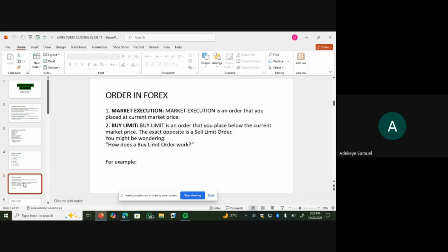Let's say you want to buy a particular pair of shoes on Jumia or AliExpress or any other site. We have different online buying and selling platforms. If you want to buy shoes, bags, or phone accessories on a site, you order for it and they bring it to you.